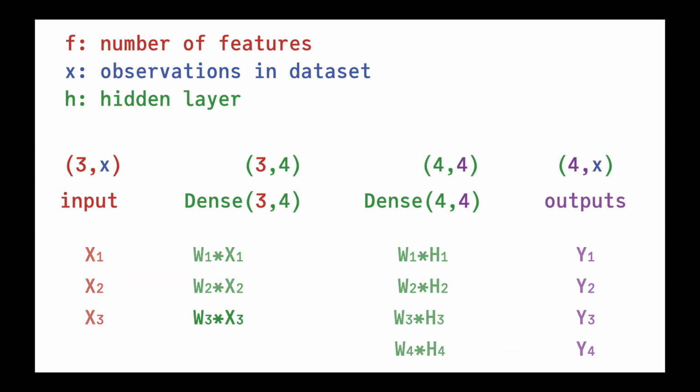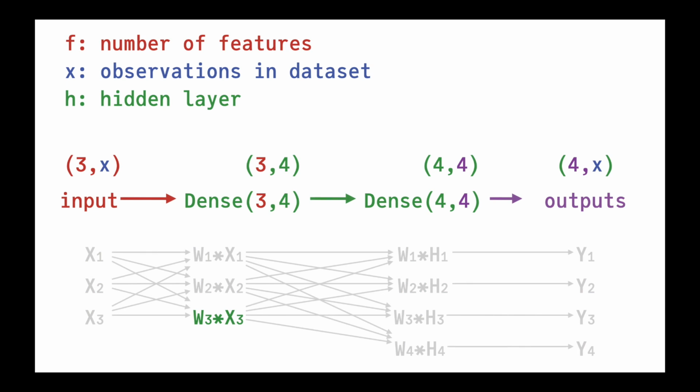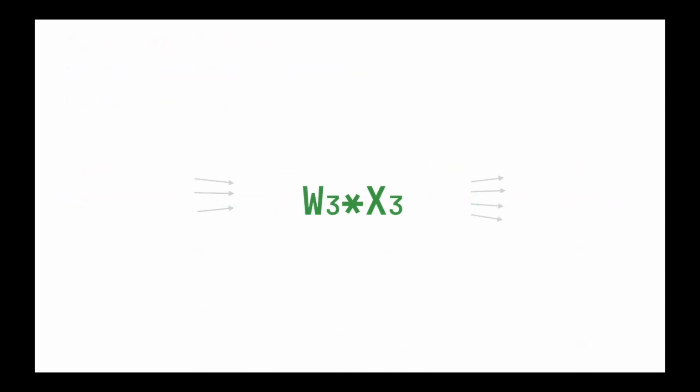Let's drill down into one of these. So one of these is W3 times X3. And remember, this is going to be a dot product, right? But that's not the only thing that's going on. We also have this activation function. Remember, we can't make nonlinear predictions with something that looks just like a line.